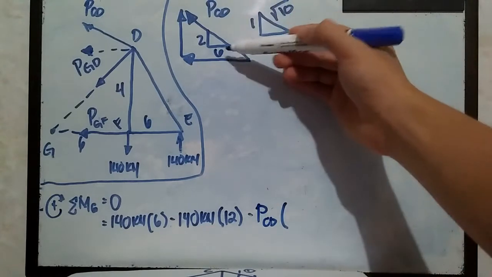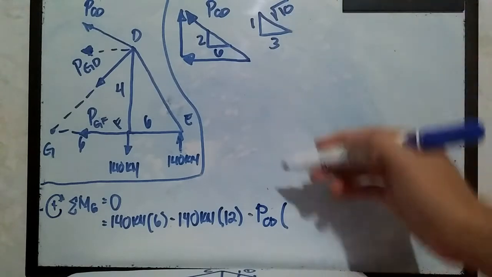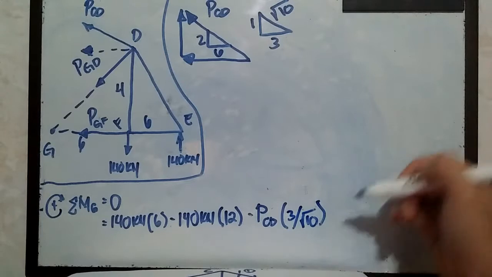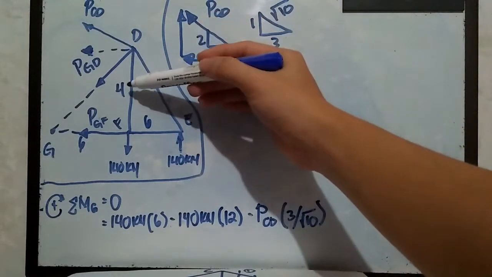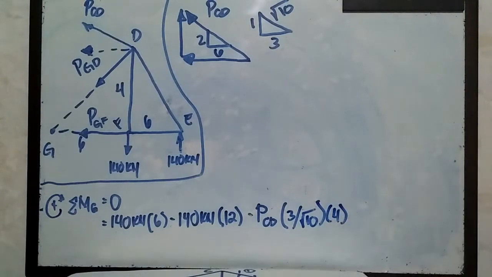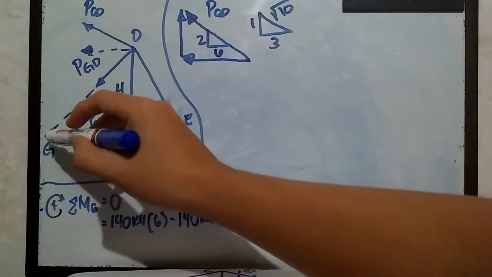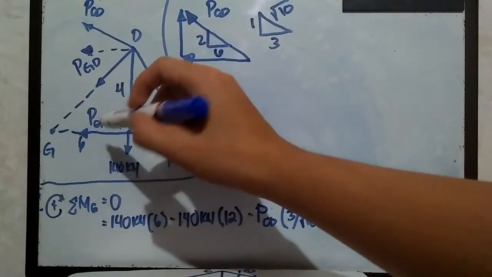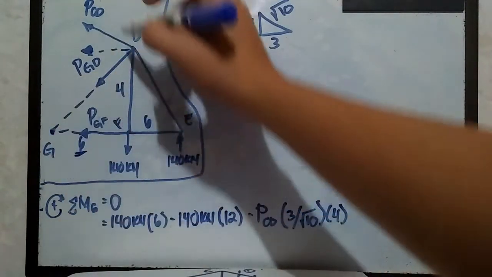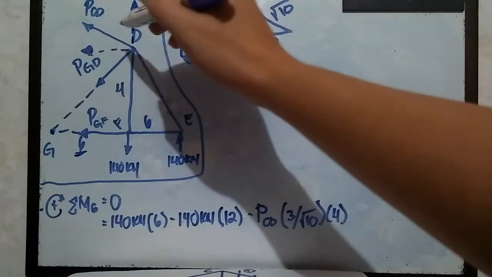What would be the slope? That is simply 3 over the hypotenuse, which is square root of 10. So 3 over square root of 10 multiplied by the perpendicular distance, which is equivalent to 4. And for the y component, the perpendicular distance is equivalent to 6, because from G all the way to this portion, this is the y component of P sub CD.